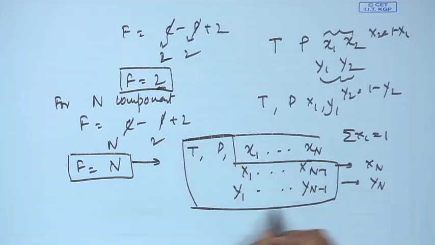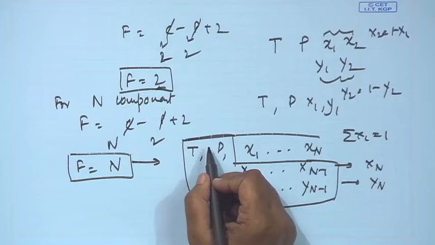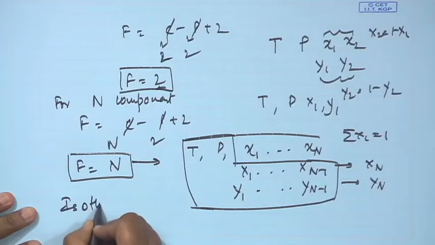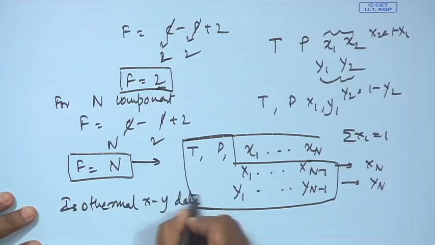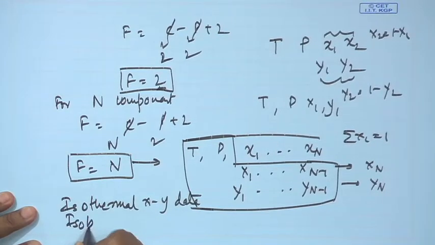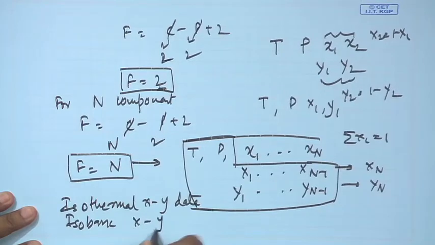Any of these permutation combinations are done, usually they are done either at constant temperature or at constant pressure, and accordingly we generate either isothermal xy data, we will be doing a few problems, or maybe isobaric xy data, right.